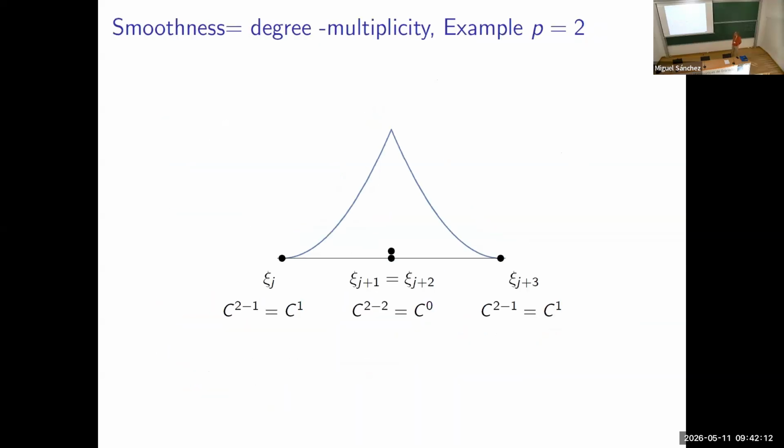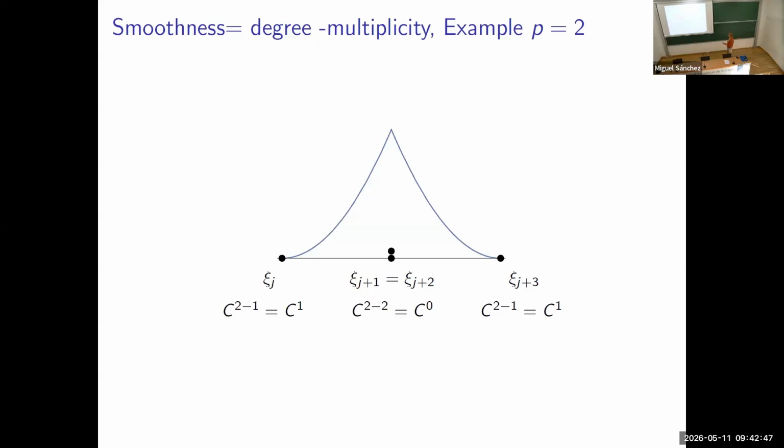Okay, so what about the smoothness in general? The one thing to remember is that the smoothness of a B-spline is degree minus multiplicity at the knot. Degree minus multiplicity is smoothness. What does it mean? Here is a quadratic example. You have knot Cj, two knots at Cj plus 1 which are equal, and one here, simple.